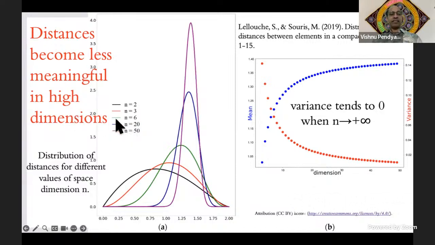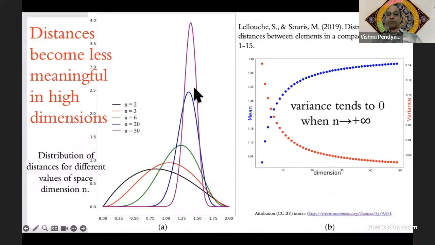The variance is quite substantial. But as the number of dimensions increases to 50, you can see that the normal distribution has peaked and the variance of the curve has reduced. So the variance is basically the spread of the curve, right, in a normal curve. So as you can see, when the number of dimensions increases from 2 to 50, the variance drastically decreases. And it is easily understandable that when the number of dimensions tends to infinity, the variance tends to 0.